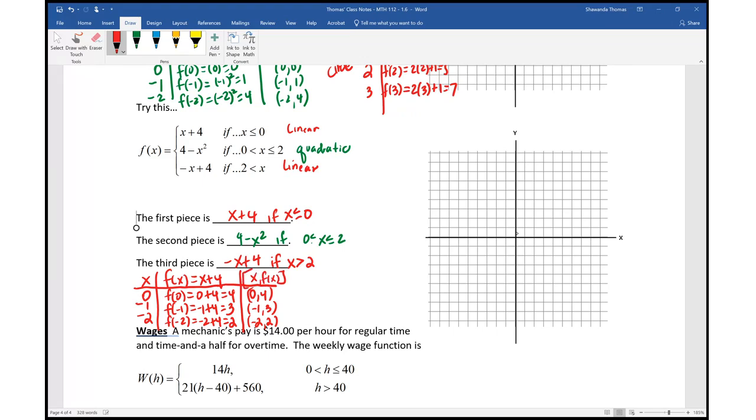So let's plot those points. (0, 4), (-1, 3), (-2, 2). So we have a line going in this direction, not to the right, but to the left. Let's switch the colors up. What about the second piece?